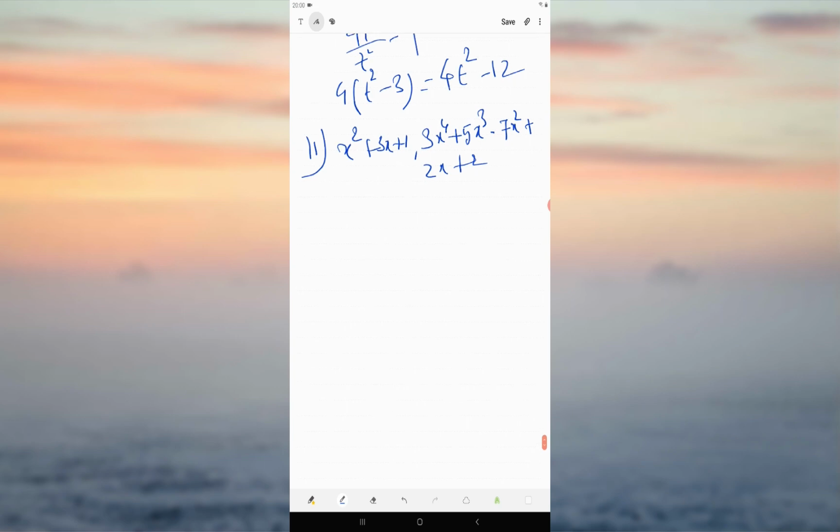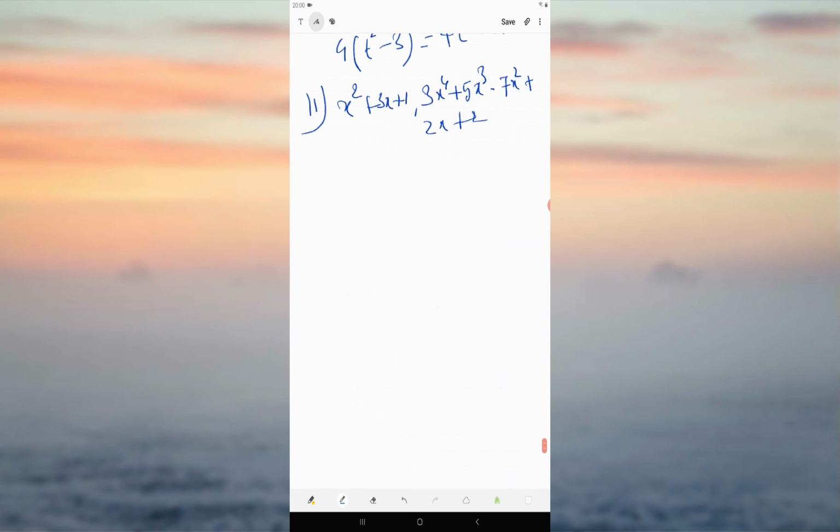From here onward I am not going to show the division step by step, where the quotient is multiplied with the divisor and all that. I'll not do that step, but you have to do it in rough, then you will get a clear picture of it.